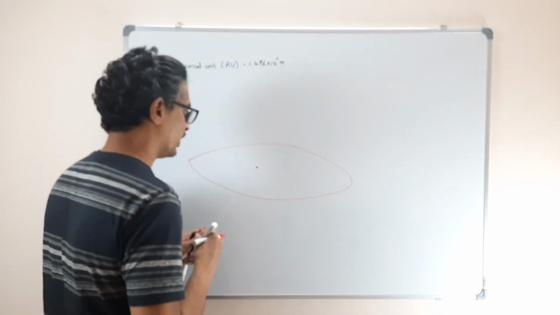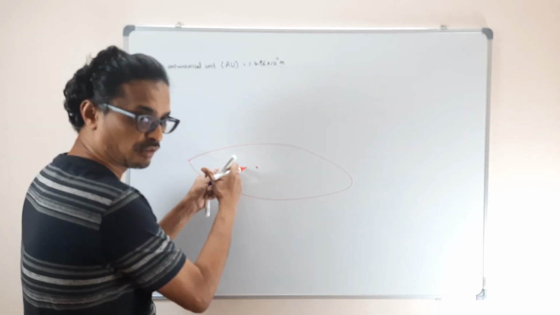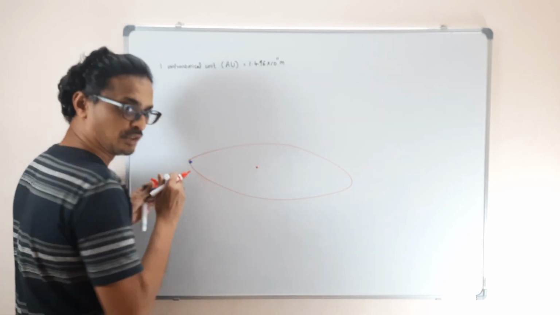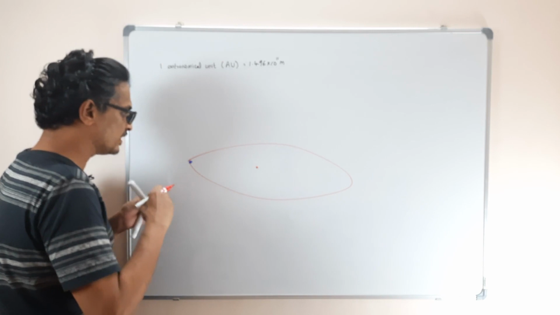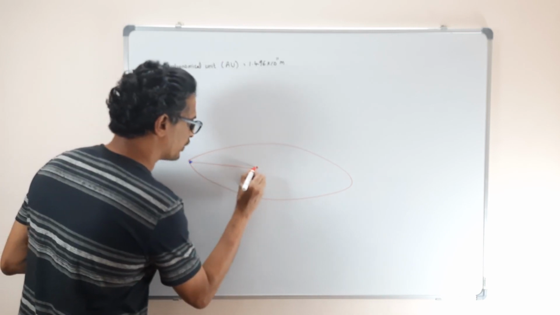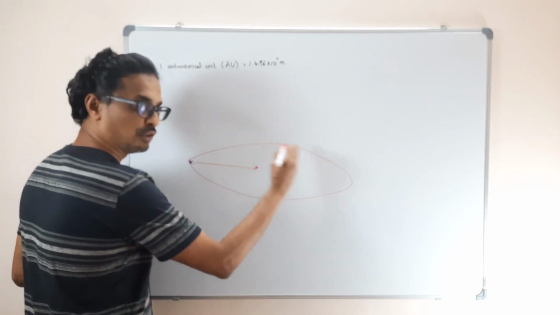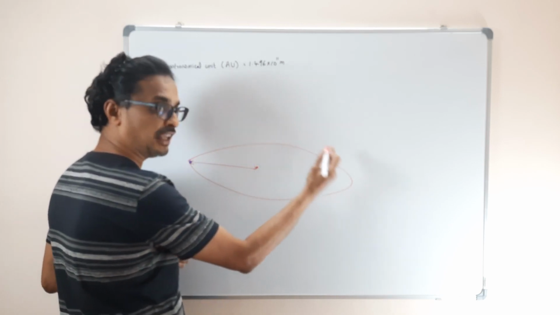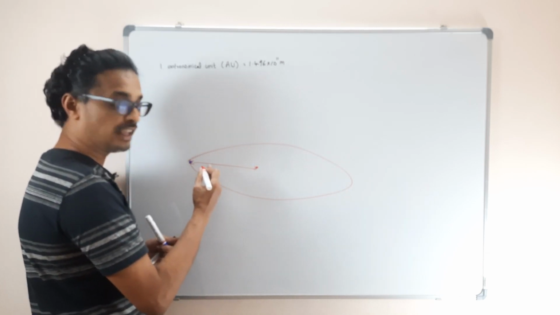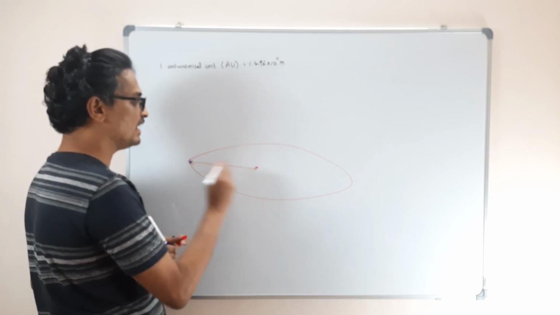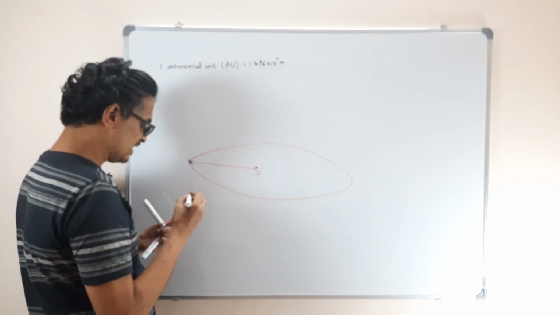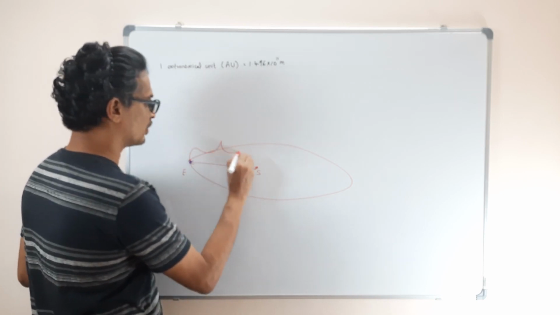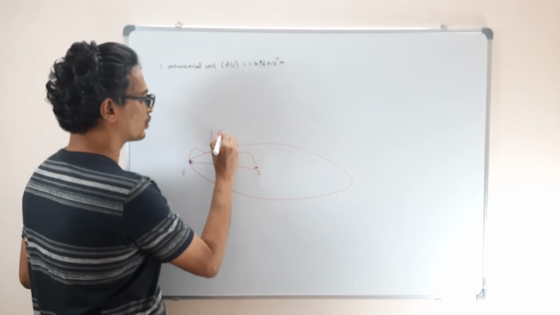It's an elliptical orbit and the sun is in one of its foci. So this distance keeps changing, right? As it moves around, the distance is going to change. So you can always find the average distance between the sun and the earth. This distance is called one astronomical unit.